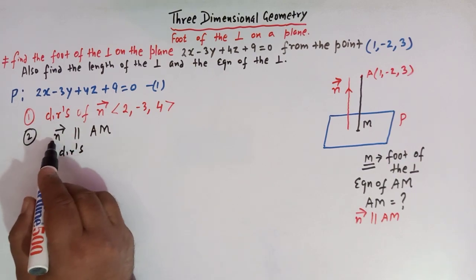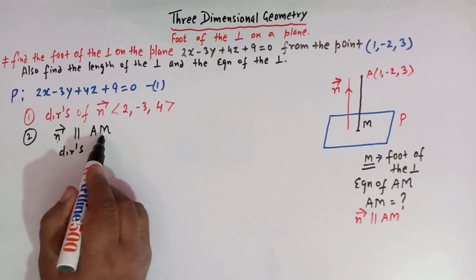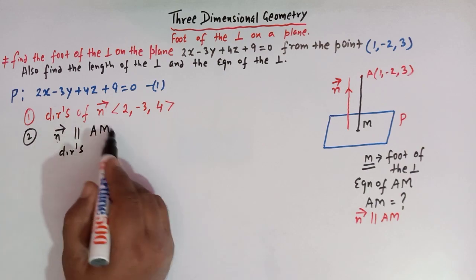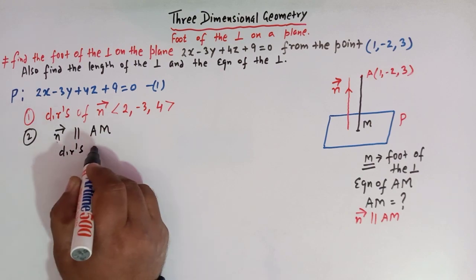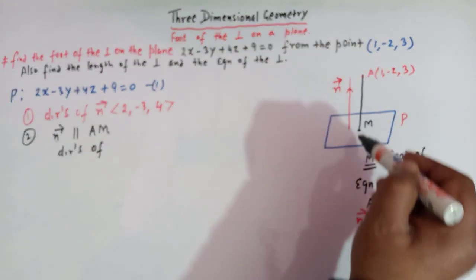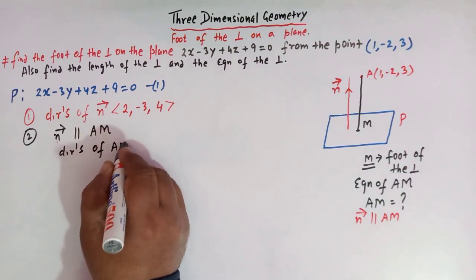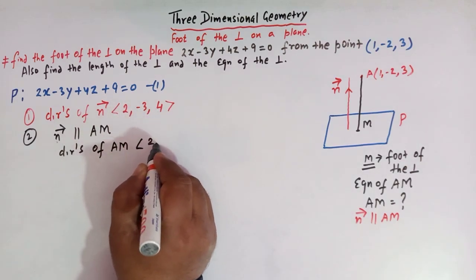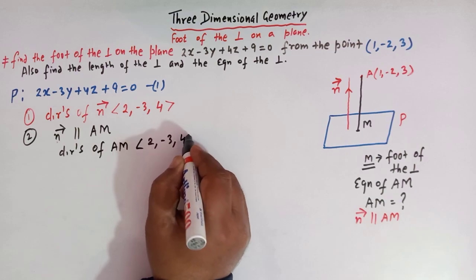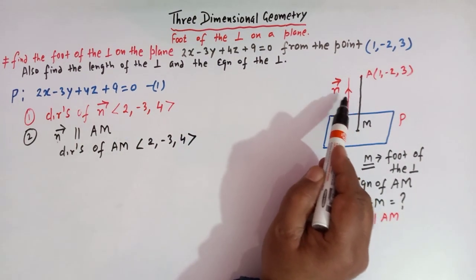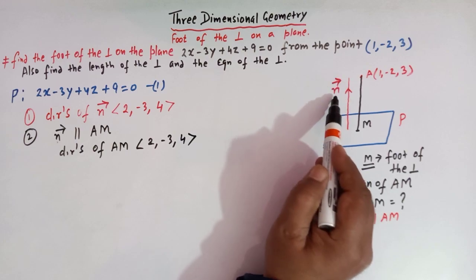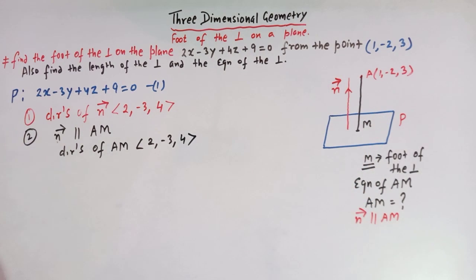So here these two vectors, the vector n and AM, are parallel. So the direction ratios of this line AM are also 2, -3, 4. So the normal vector and AM have the same or proportional direction ratios.